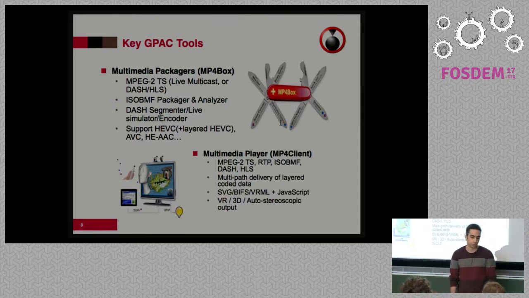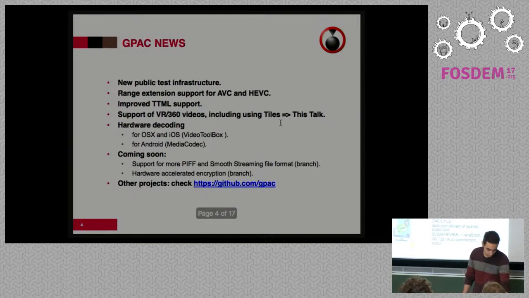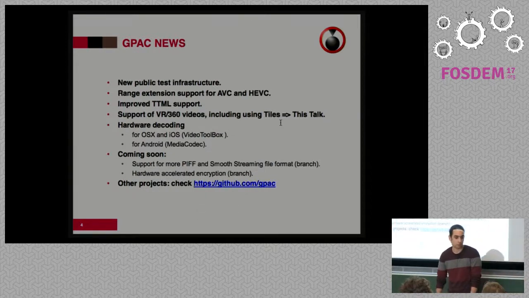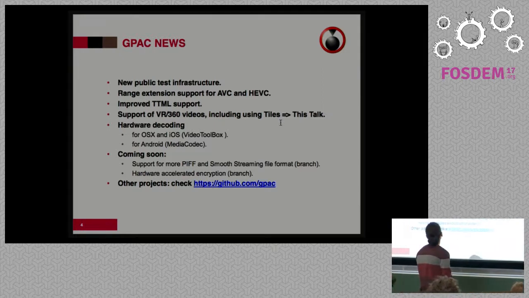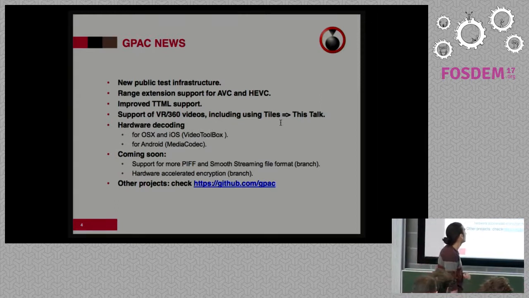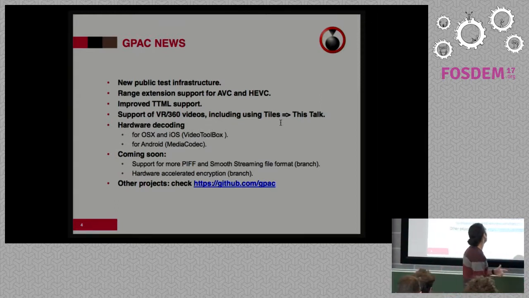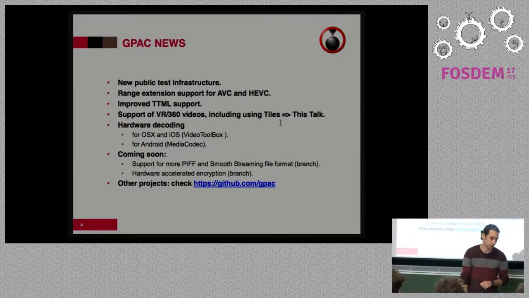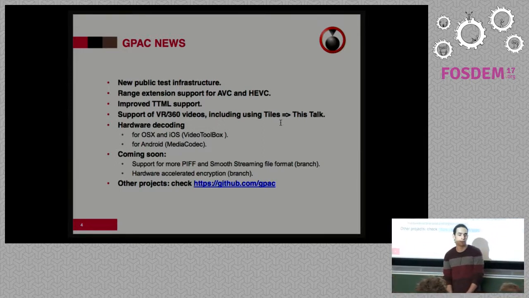Here we have some latest news. So now we have a public test infrastructure. We have support for range extensions for EVC and HEVC. We've improved the TTML support. We have now the support for hardware decoding in OS X, iOS, and Android.